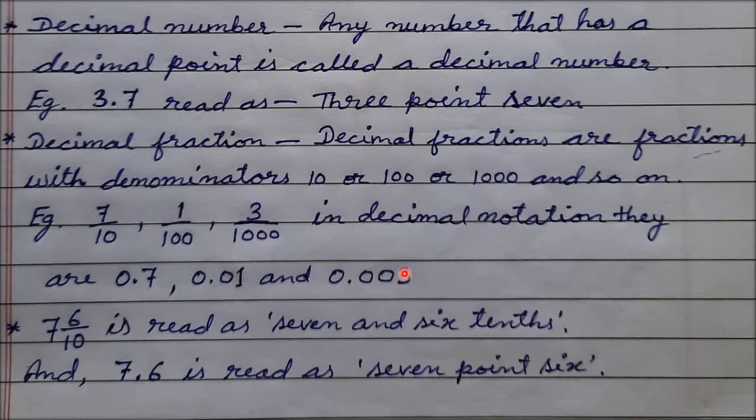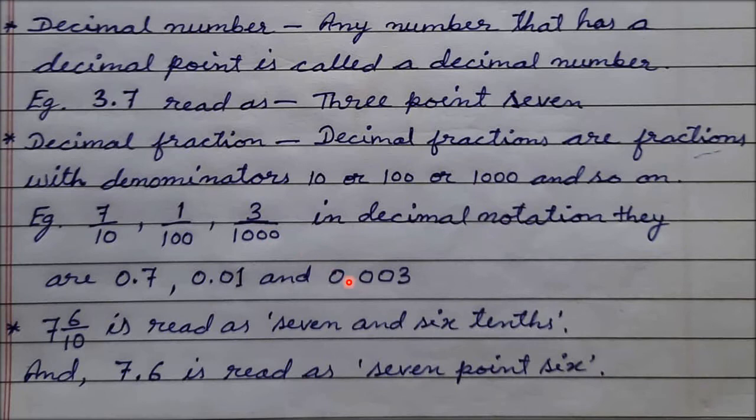0.003. Now here if you see, after the point, the first place is called the tenths place. After the point, the second place is called the hundredths place. So here 1 is in the hundredths place. That's why we had hundredth. Now the next one, 3 thousandths. So 3 is in the thousandths place.